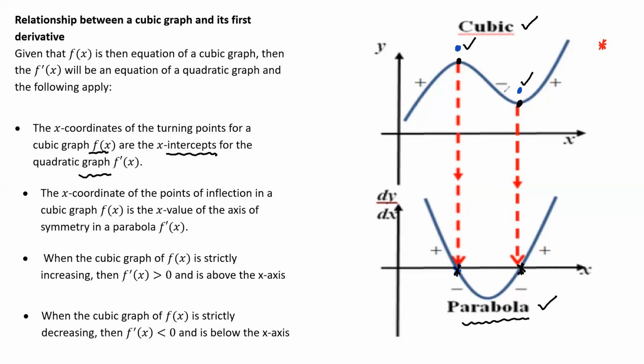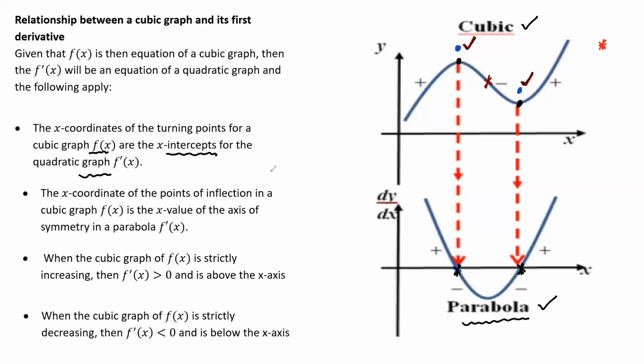Now, I need you to understand that the point of inflection is usually between the x-coordinates of the turning points. Actually, when you want to find the point of inflection, one of the ways to do it is to add the x-coordinates of the turning points and divide by 2.